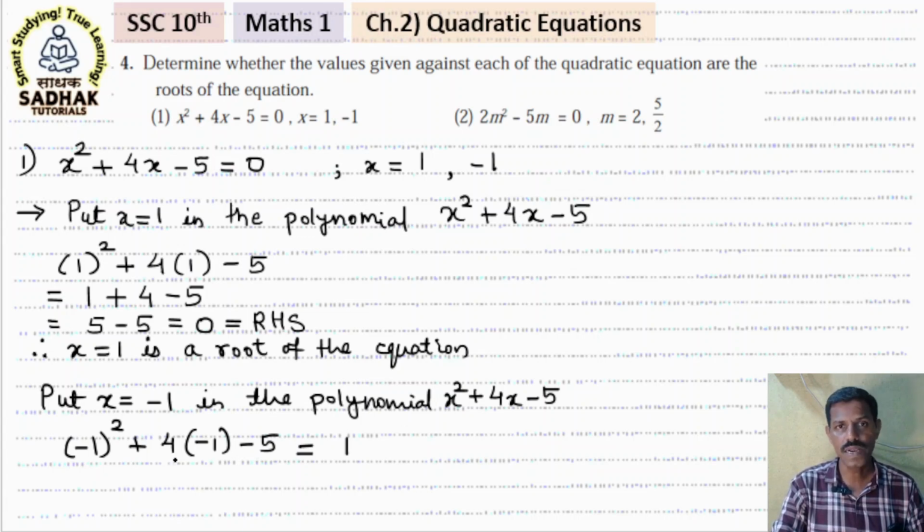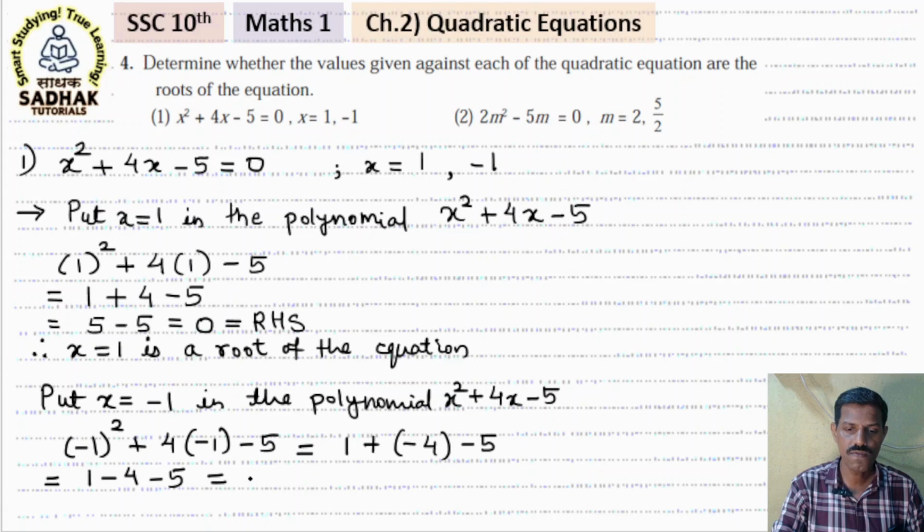So minus 1 multiplied by minus 1, so minus minus will become plus. Then this 4 multiplied by minus 1 will become minus 4, and we write this minus 5 as it is. So what will it become now? Plus minus will become minus, so we have to write 1 minus 4 minus 5.